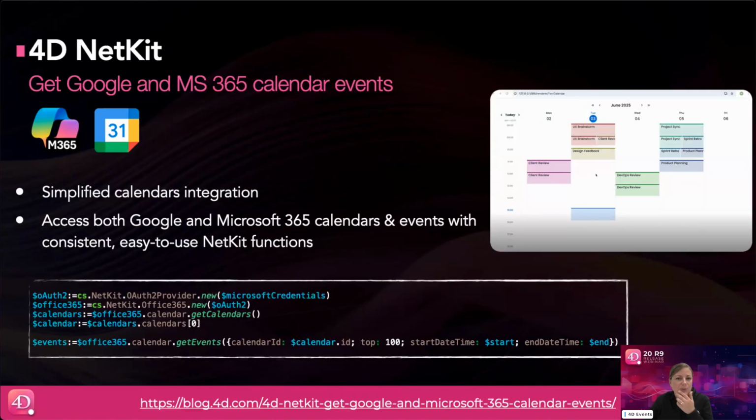To stay with 4D NetKit, we will talk about a first step towards the simplified Google and MS365 calendars integration. With the new 4D NetKit functions introduced in 4D 20R9, you will be able to seamlessly integrate Google and MS365 calendar data directly into your 4D applications.